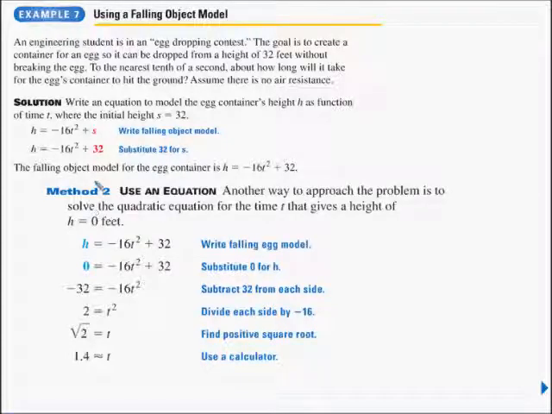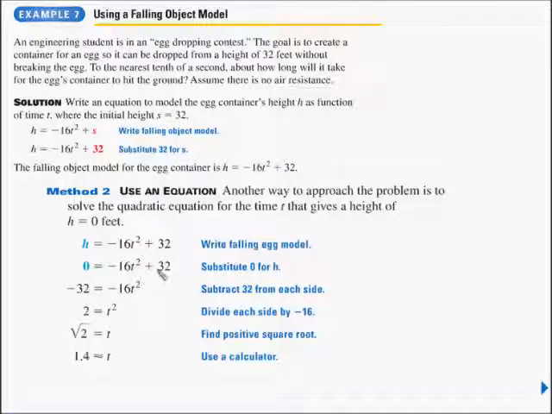Method 2 is more working it out. Again, we use that same formula or model, and we substitute in what we know. So we know at 0, and again 0 feet, it would follow that model. Now it asks us, what about if the height is 32?